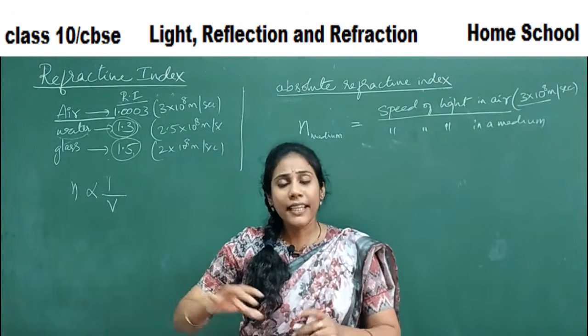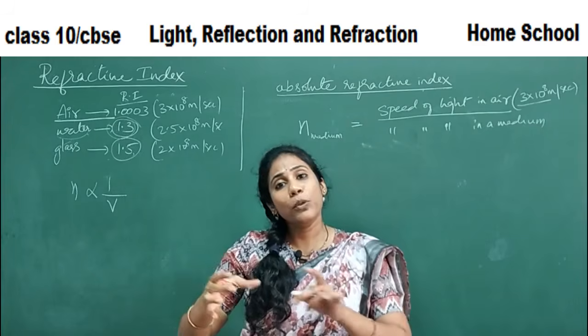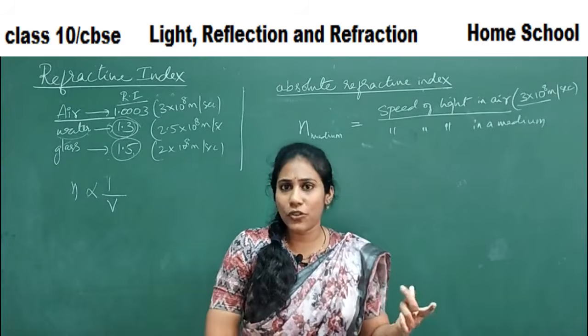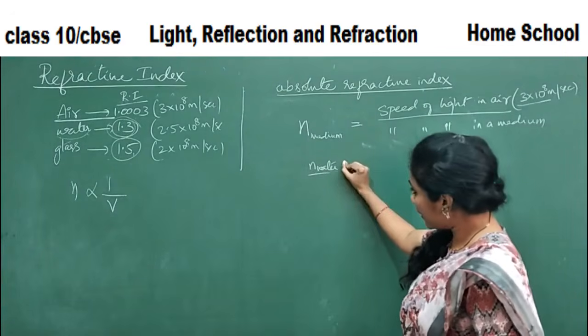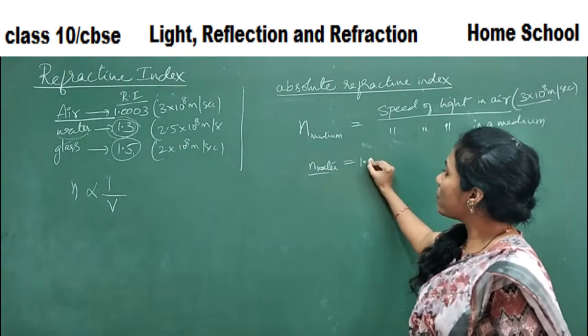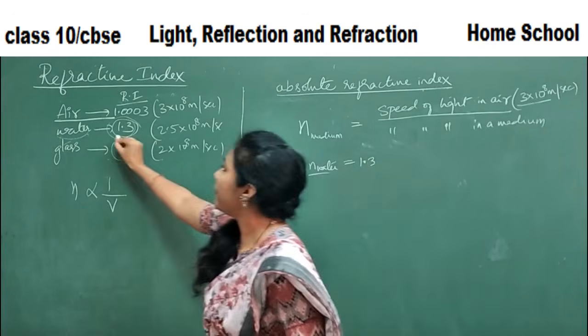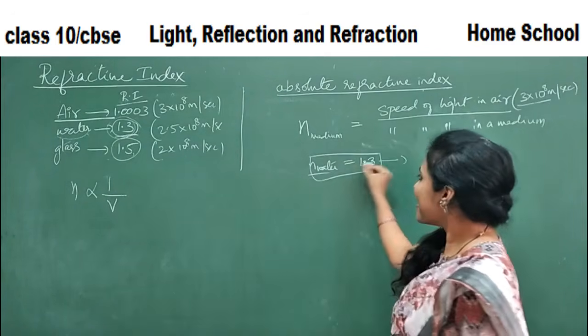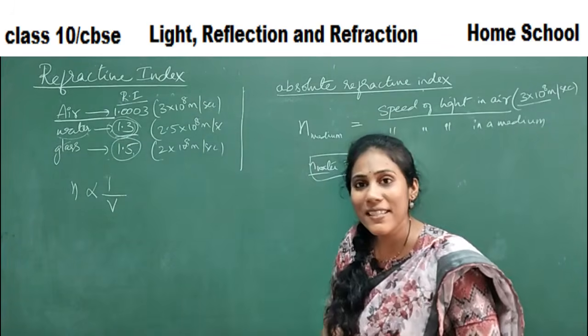Yes or no? See, always when you have to compare two things, we use ratios, a mathematical operation, right? Say for example, refractive index of water is 1.3. Yes, refractive index of water is 1.3. What does this statement, what does this value tell us?